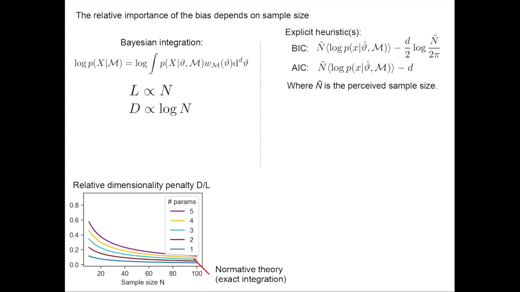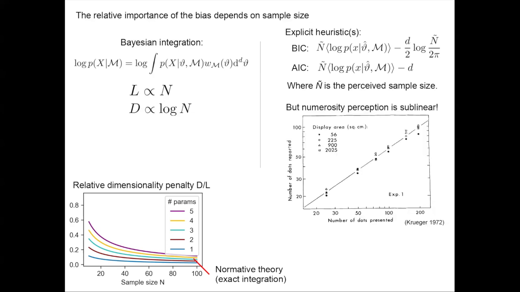So it matters here exactly how good you are at perceiving or counting your data. And we know from a long strand of literature that people have particular biases of their own in performing this operation of counting stuff, right?